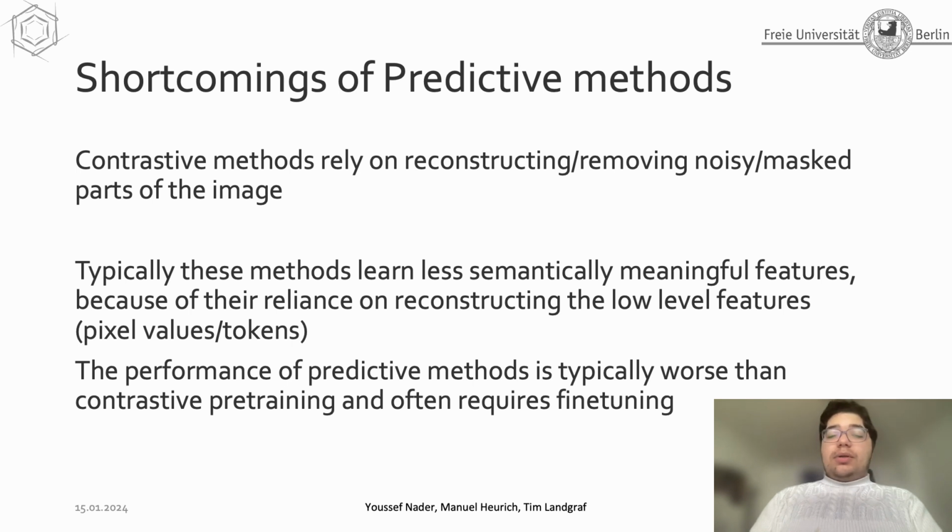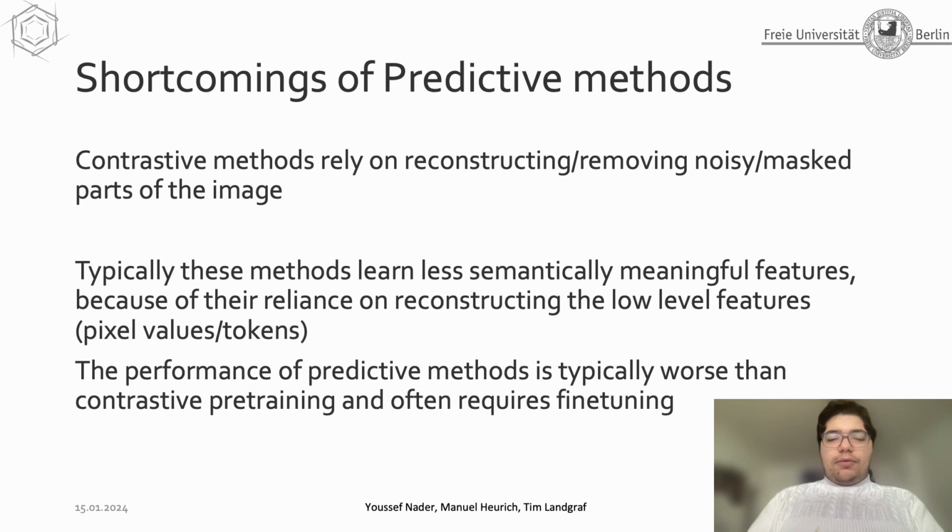They don't learn as good features because the model still has to focus on reconstructing the pixels and the low-level features, which may not be very useful for a prediction, like whether this pixel is a bright green or a less bright green. It doesn't really matter. And the performance is, as we said, limited compared to the other methods.